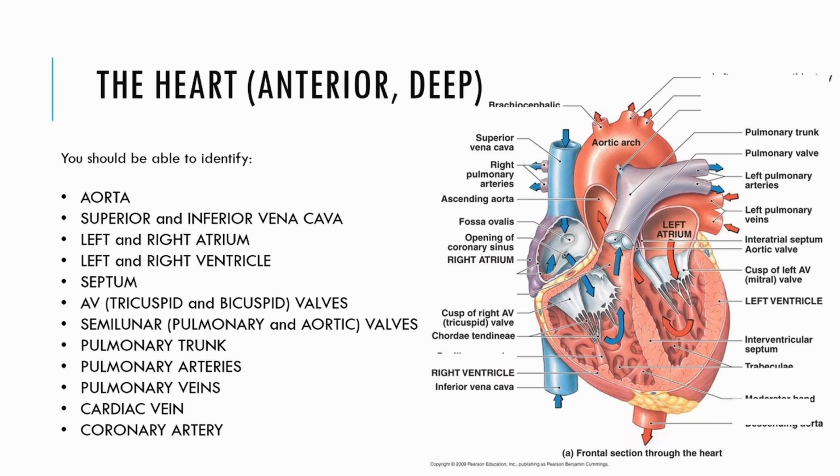If you have these things down and you can pick them out from a picture that has no labels on them, then you should feel very comfortable with the heart.